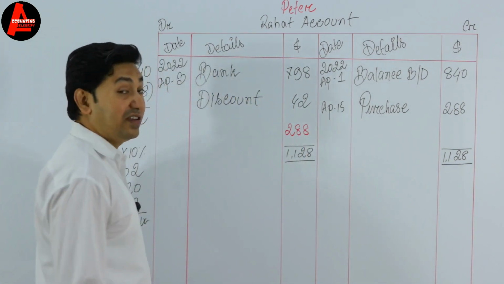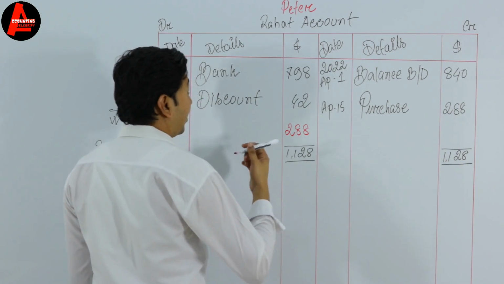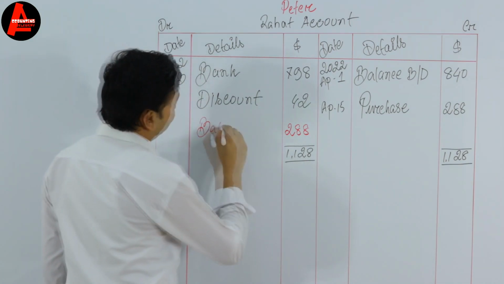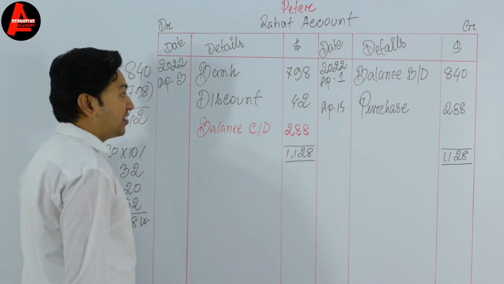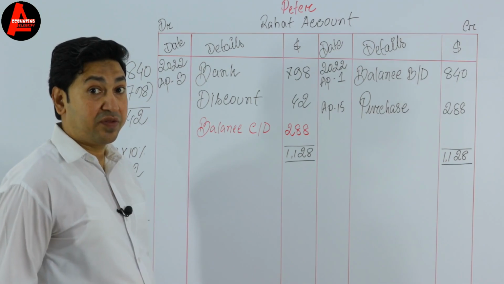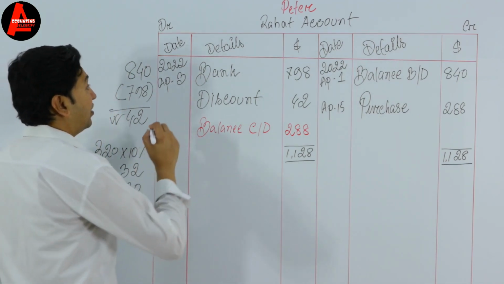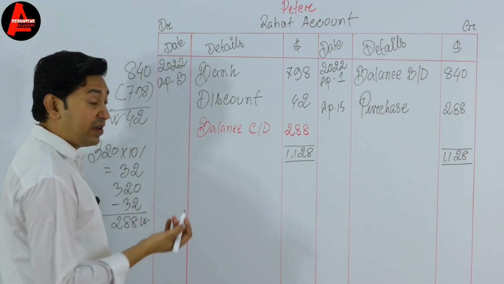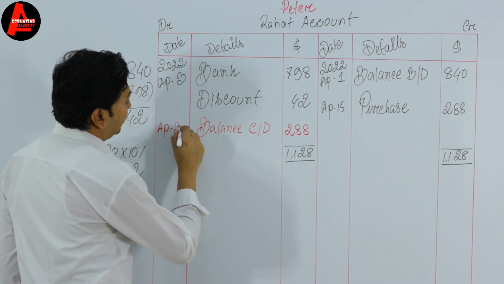This is the closing balance of Rahat. So here we will write balance c/d. c/d stands for balance carried down. The date for balance c/d will be the last day of the month. We are doing April, so the last day of April is 30. We will write April 30.